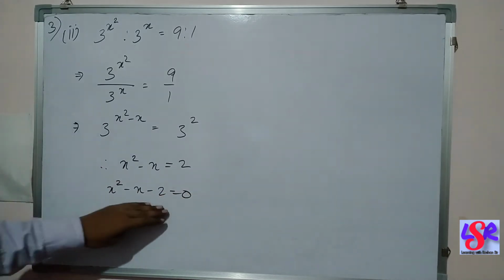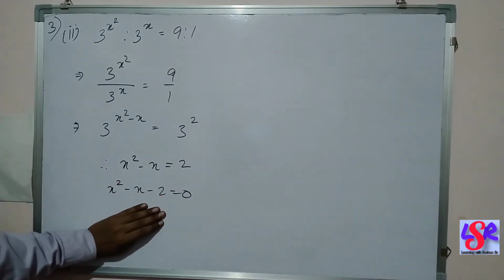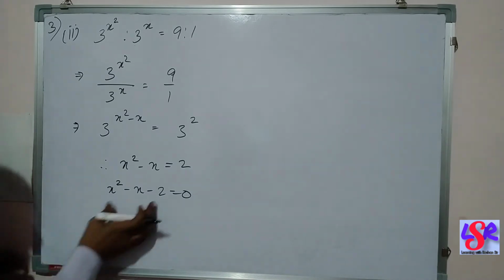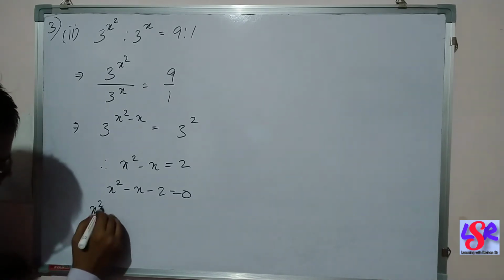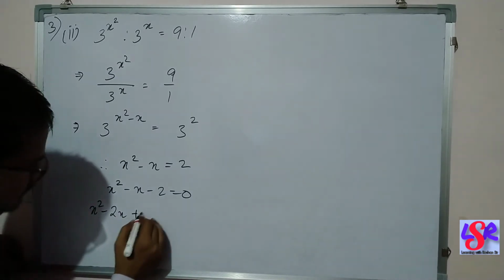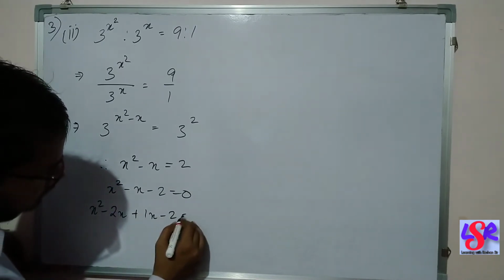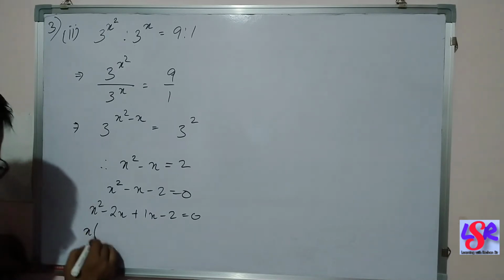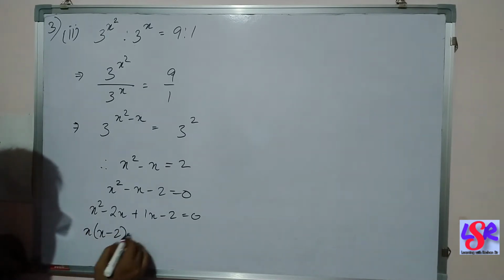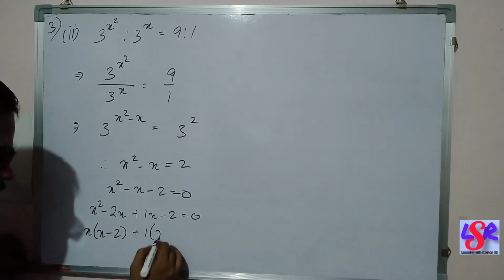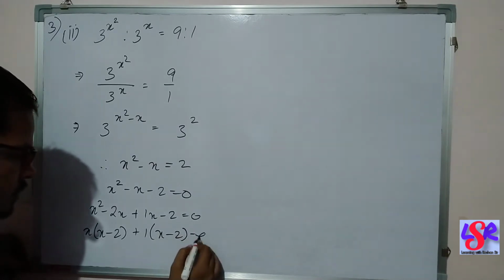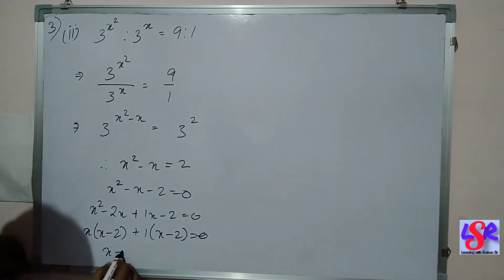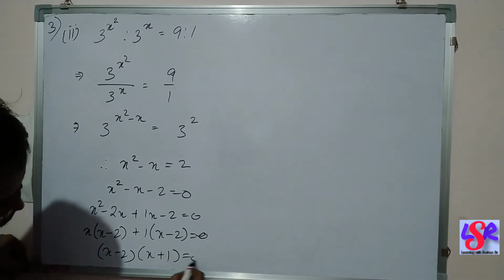Now we have this equation in the form of a quadratic. Now we will solve it by factorizing, and this will be x squared minus 2x plus 1x minus 2 equals 0. Now we can take x common from these two, and it will be x minus 2, and from these two we can take 1 as common, so x minus 2 equals 0. x minus 2 can be taken as common, and it will be (x minus 2)(x plus 1) equals 0.